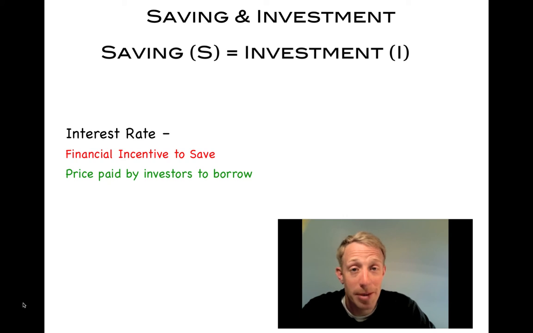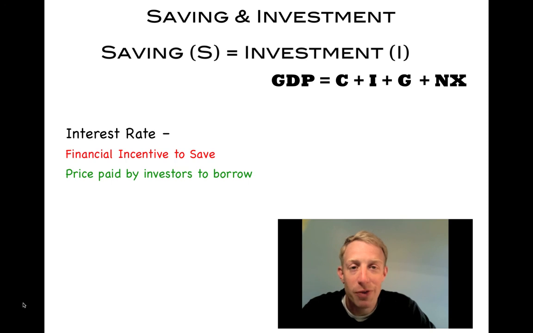So what does that mean? Well, remember our GDP equation. The GDP equation says that GDP is equal to consumption plus investment plus government spending plus net exports. Now, to simplify things, we're going to drop that net export component. And that leaves us with GDP, or national income, is equal to consumption plus investment plus government spending.